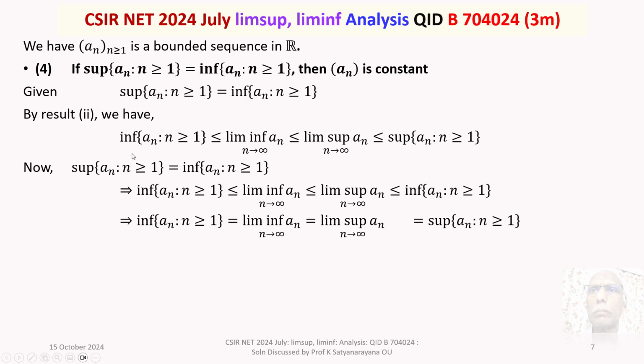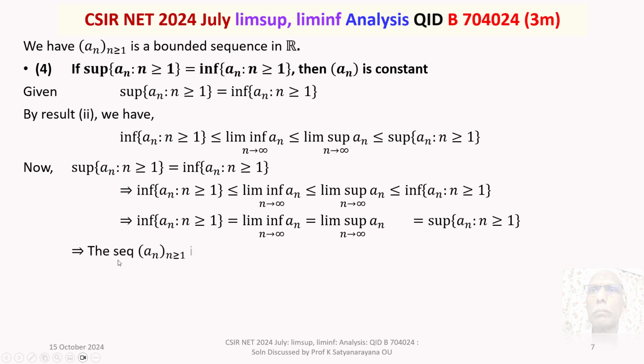But we have infimum of a_n is equal to supremum. So the infimum is equal to limit inferior is equal to limit superior is equal to supremum, which for a bounded sequence means all these four are equal.